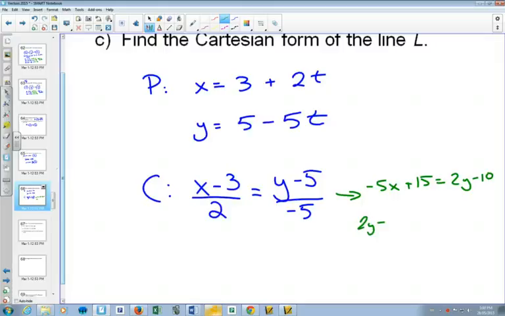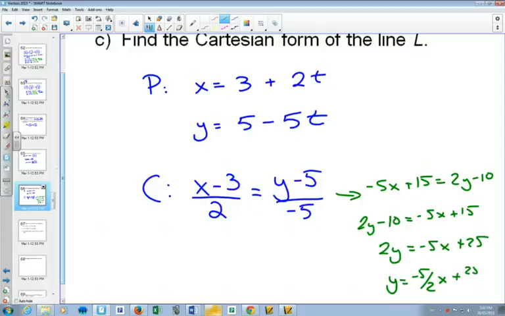So 2y minus 10 equals negative 5x plus 15. Solve for y. So we know that our slope of our line is negative 5 over 2, which we could see already in our direction vector. And our y-intercept is 25 over 2, or 12.5.